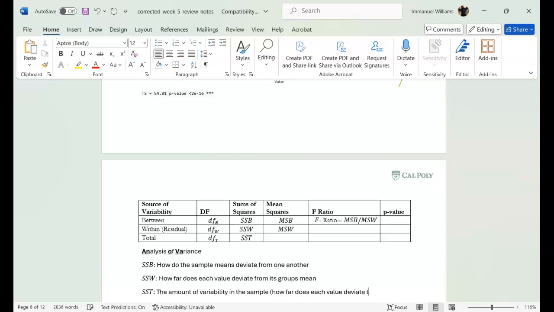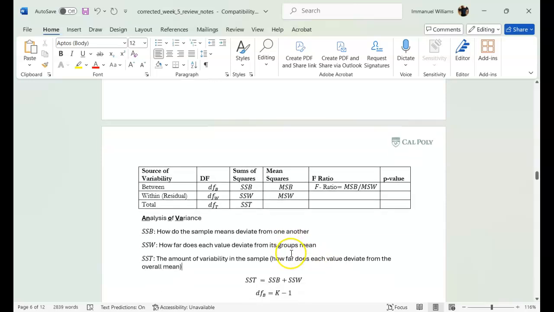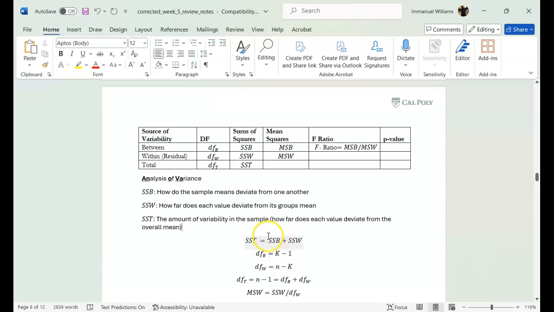Okay. So here you have SST is equal to SSB plus SSW.